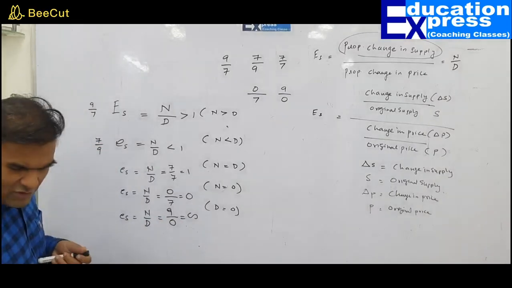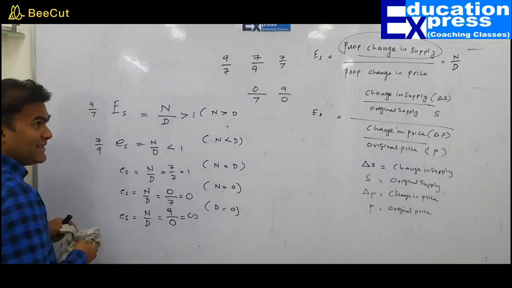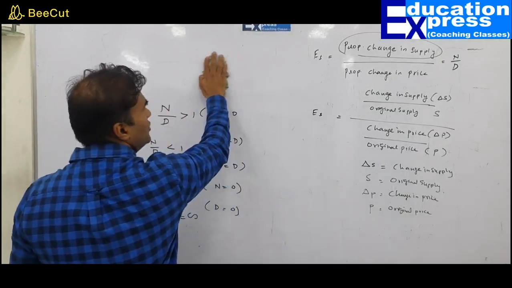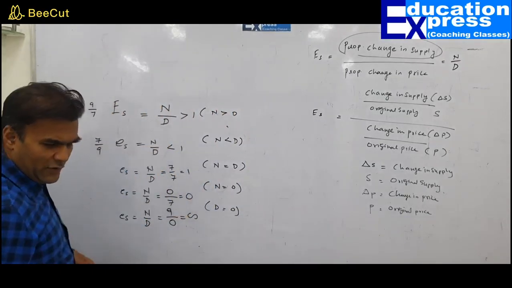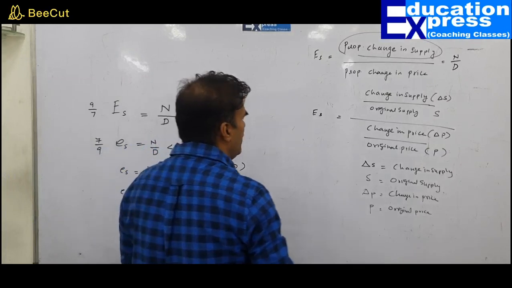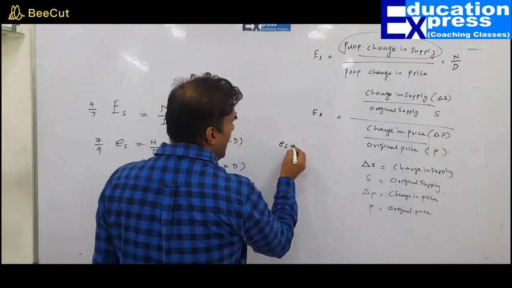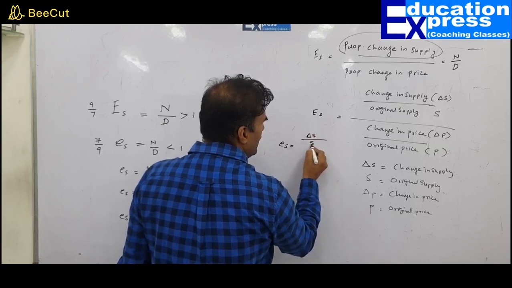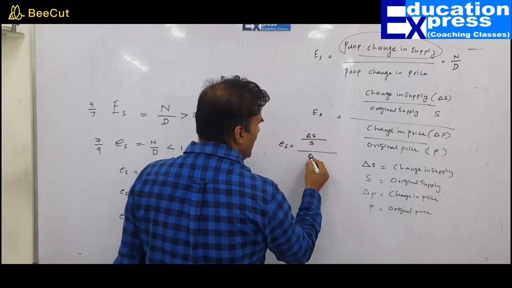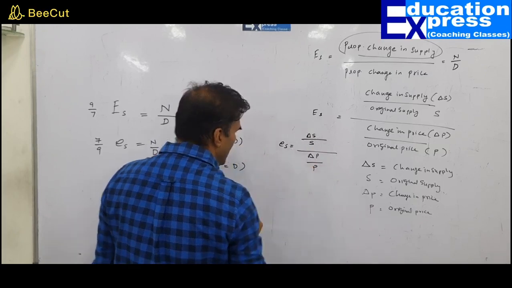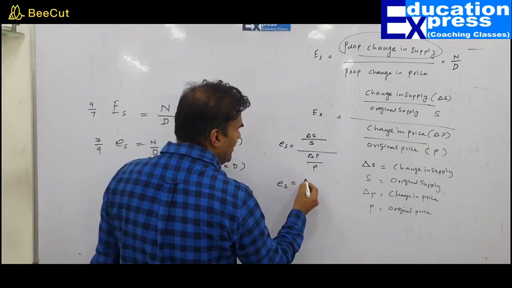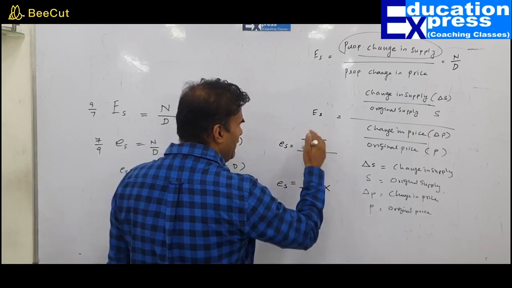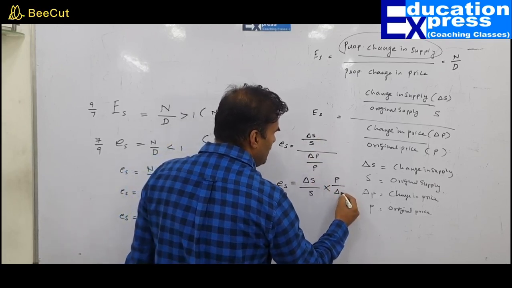So how can we do this? With the help of a simple example and with the help of a diagram. Let us first arrange this in a proper order. Elasticity of supply is change in supply upon original supply, divided by change in price upon original price.